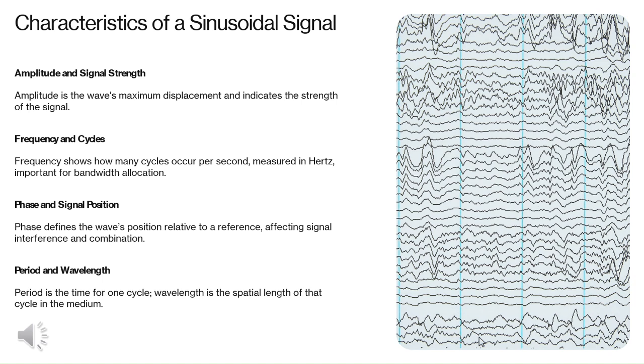A stronger signal means louder sound or brighter light. Frequency tells us how many cycles per second, in hertz. Phase is the starting position of the wave. The period is the time of one cycle, and the wavelength is the physical distance of one cycle in the medium. These five characteristics completely describe any sinusoidal signal and are used in all modulation techniques.